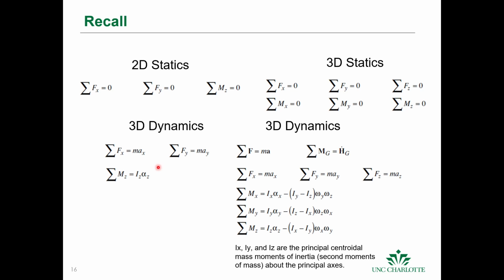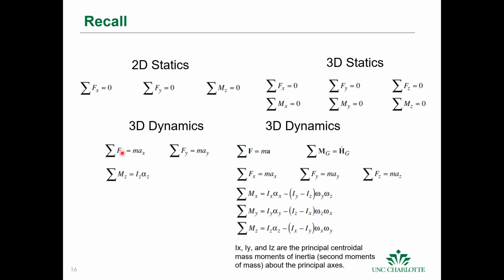If we talk about dynamics and three-dimensional dynamics in the Cartesian form, we have the sum of forces is the mass times the acceleration, which is Newton's second law. Newton actually didn't say the sum of forces are the mass times the acceleration. He actually said the sum of forces are equal to the time rate of change of momentum, which is m times v, but the mass is usually constant, so we usually write it sum of forces is the mass times acceleration.